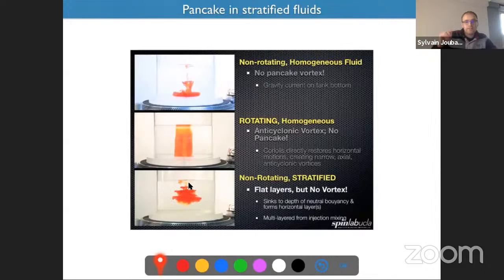It's because the Coriolis force restores horizontal motion, and I will show that in the next lecture. When you have a rotating stratified fluid, you form flat layers.